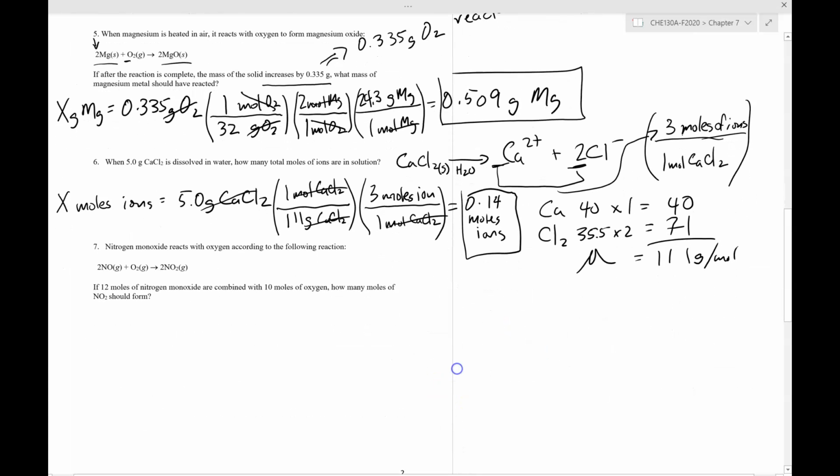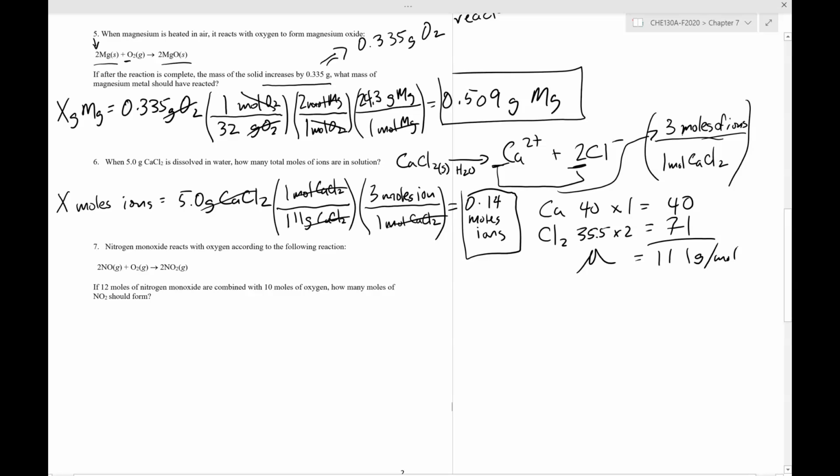Moving on to question 7 here, we've got nitrogen monoxide reacting with oxygen, and we've got a balanced equation, and we're given now the amount of nitrogen monoxide and the amount of oxygen that are reacting.